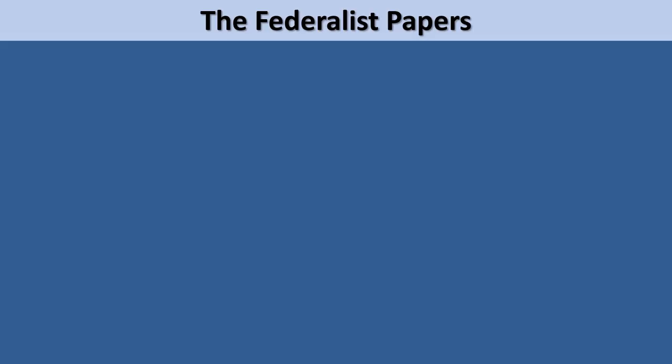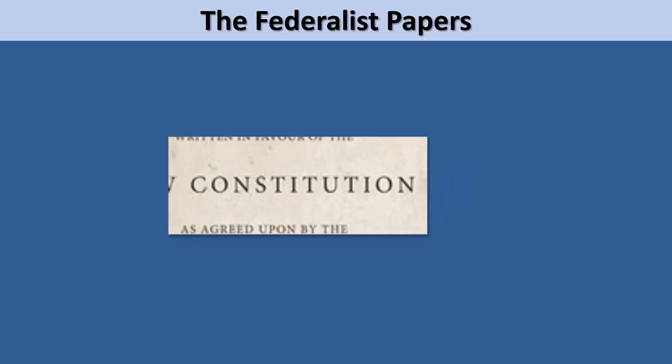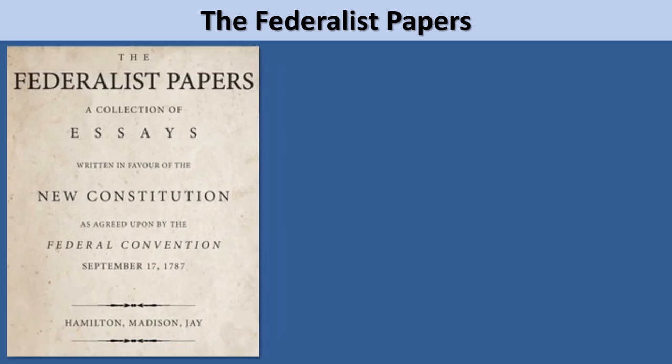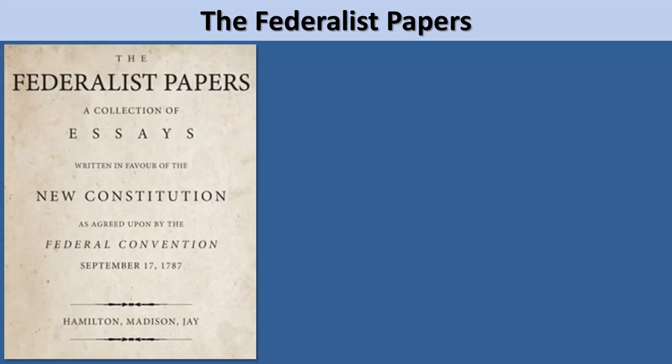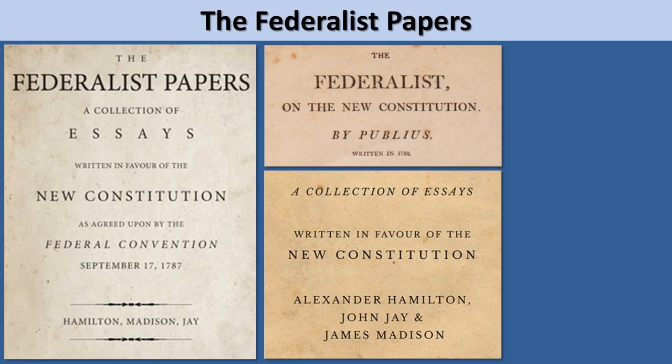After the Constitutional Convention in 1787, people in the 13 original states voted on whether or not to approve the federal system of government described by the Constitution. Each state's population had to decide whether or not to accept the Constitution as the supreme law of the land. Three founding fathers who wanted the U.S. to have a strong central government wrote a series of essays to convince their fellow Americans to vote in favor of the Constitution.